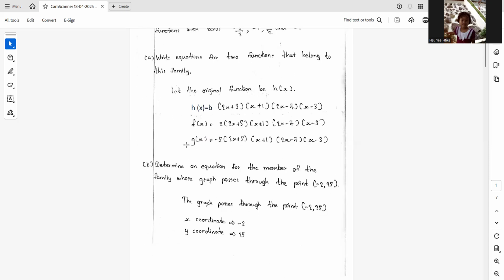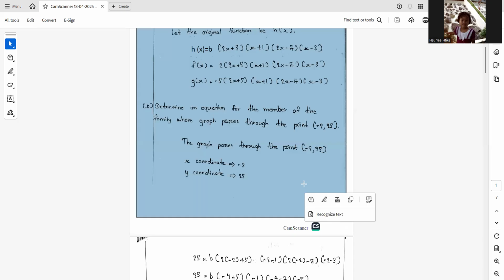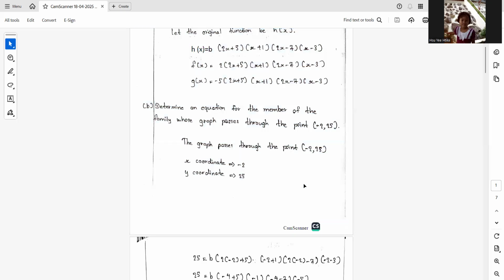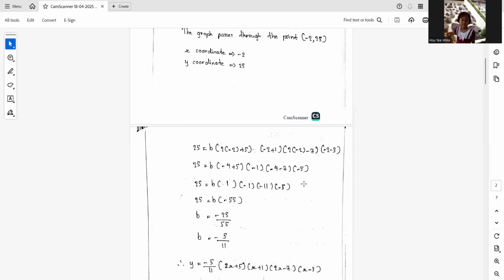For question B, determine an equation for the member of the family whose graph passes through the point (-2, 25). Here, the graph passes through the point (-2, 25), so the x coordinate would be -2 and the y coordinate would be 25.